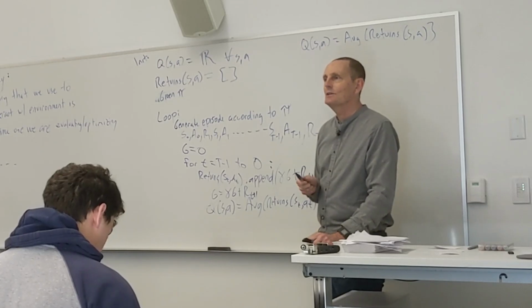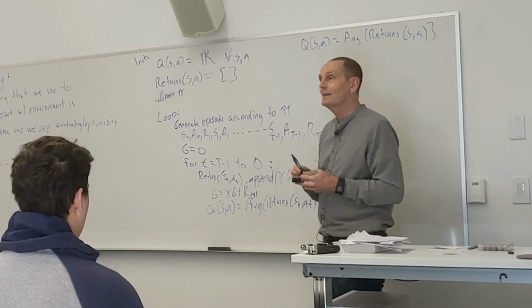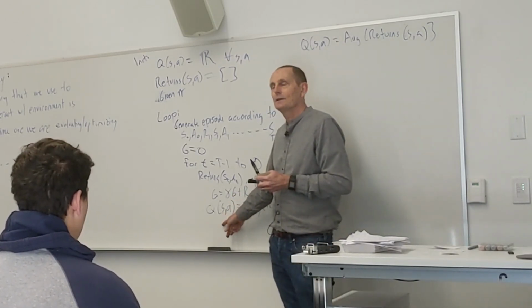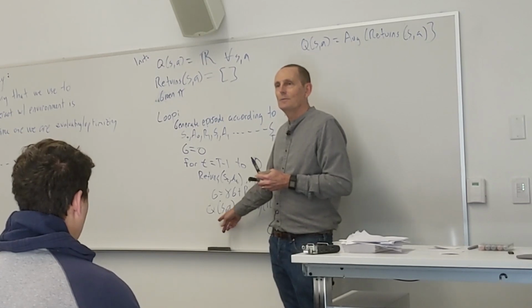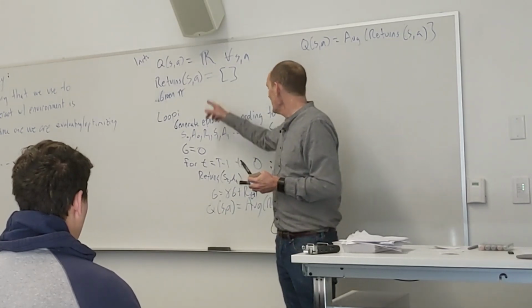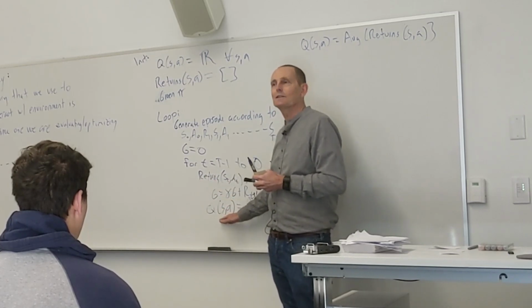And then the last thing we need to do is update our policy. We can update our policy right now. We have a new Q of SA, and we could just ask, is this Q of SA better? One way we could do it is to make pi prime greedy with respect to these Qs.